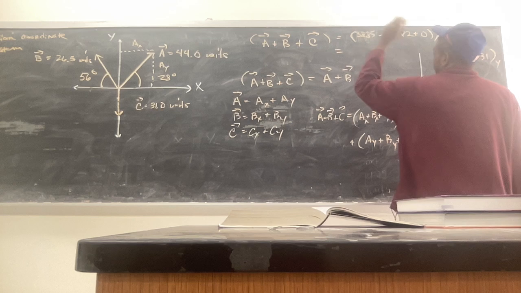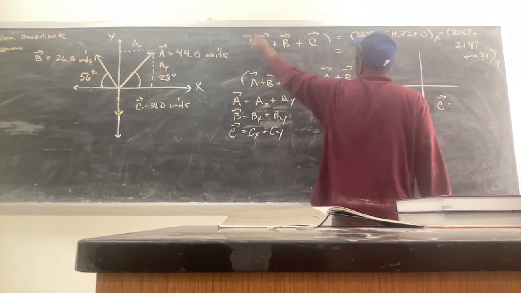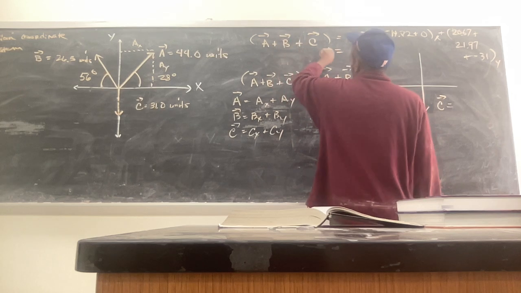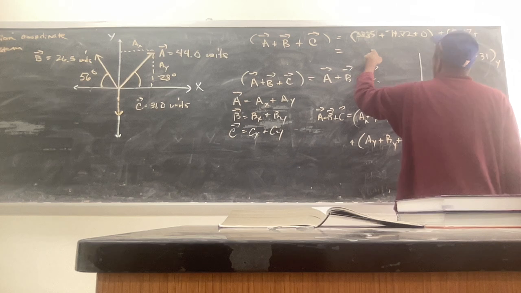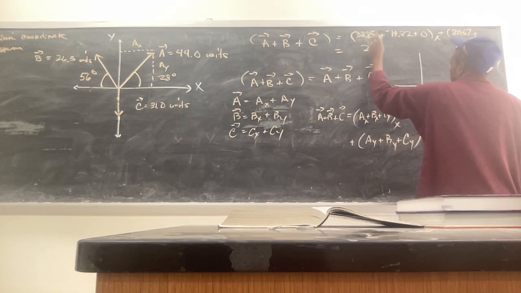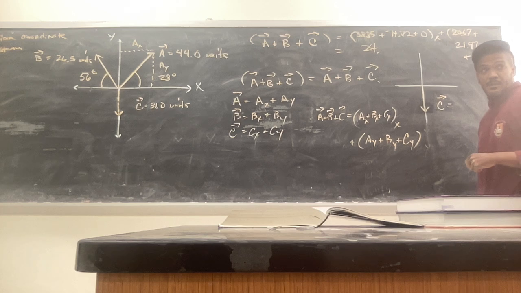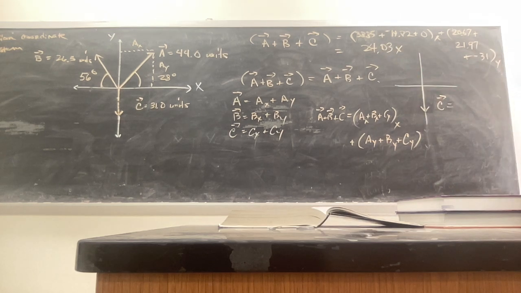So my resultant vector, this is called the resultant vector. When I add A plus B plus C, it gives me a resultant vector. It has an x component of 24.03. That's in the x direction, right?